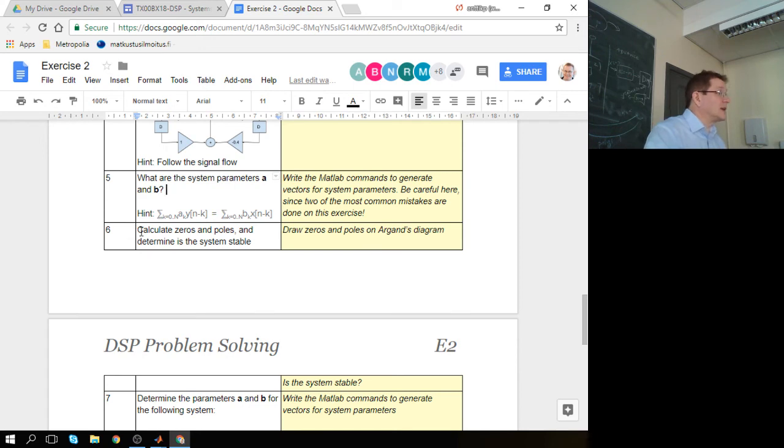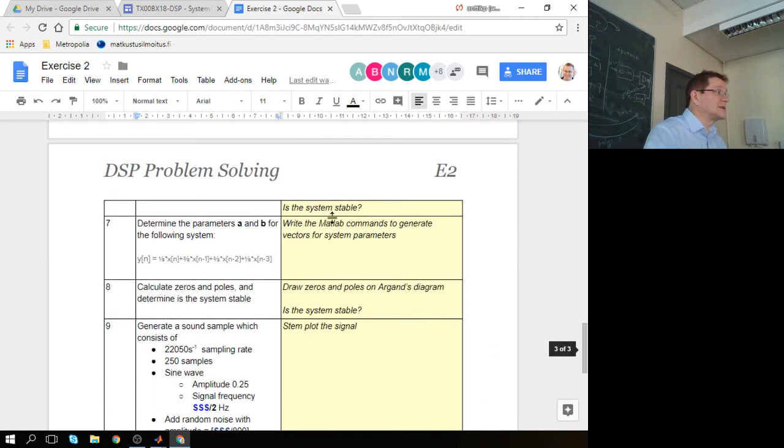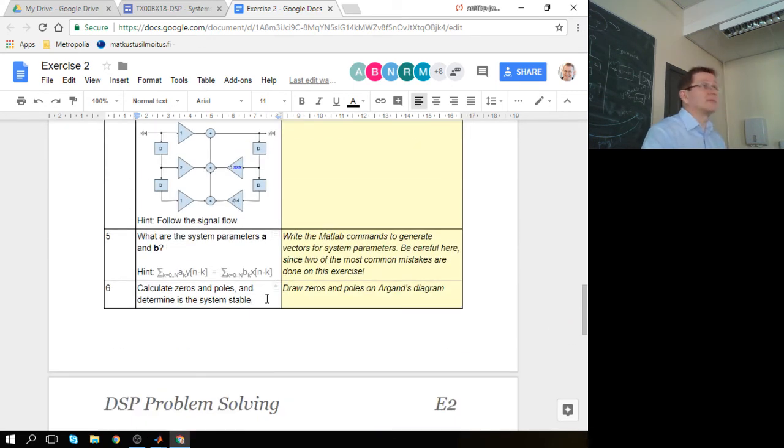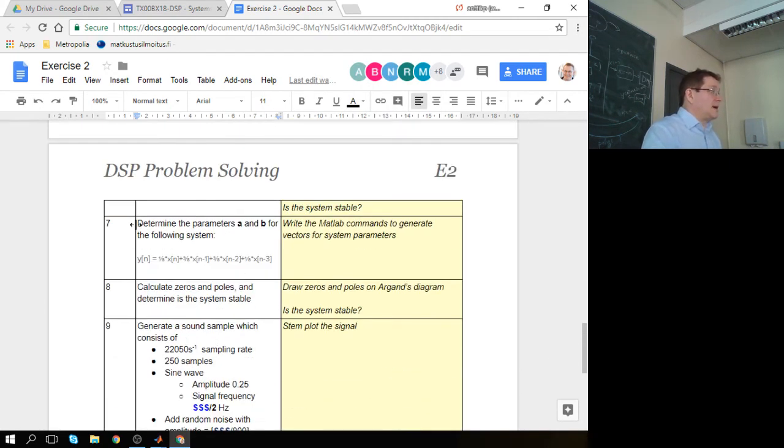The next one is to calculate zeros and poles to determine if the system is stable. Simplify checking the poles: are they inside of the unit circle? And the next, determine the parameters A and B for the following system. So we have a difference equation.